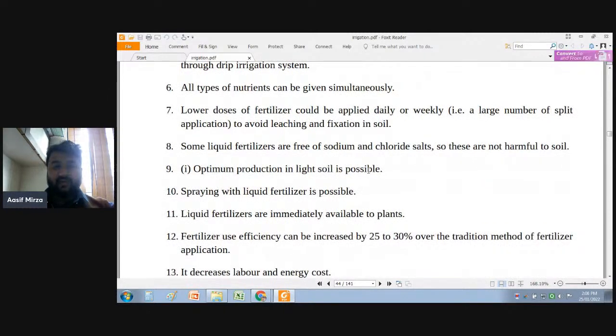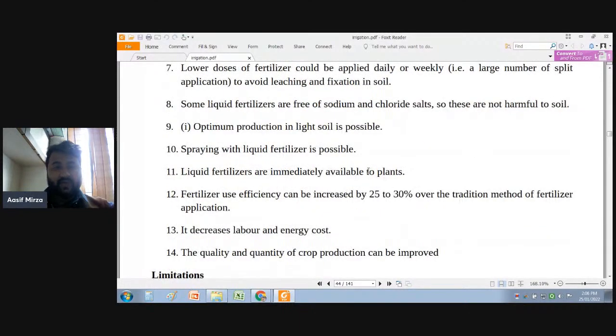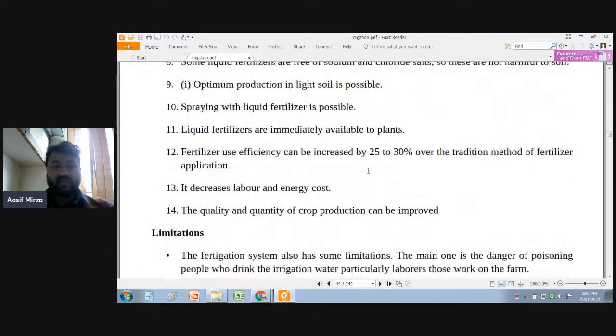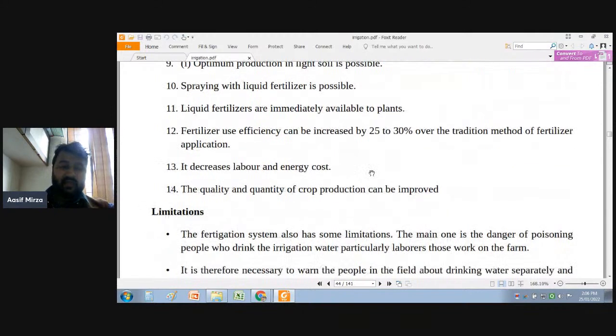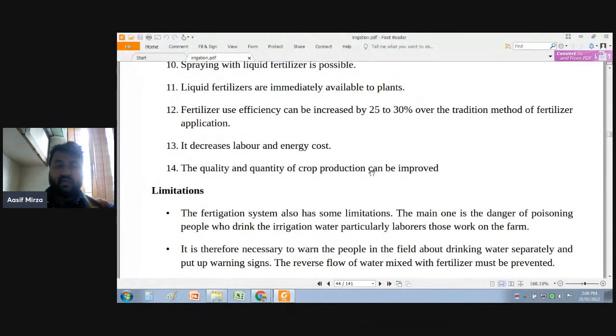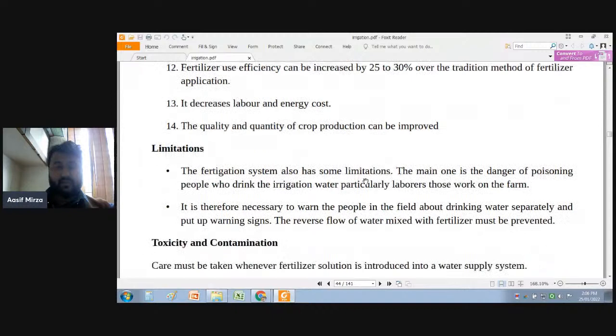Spraying with a liquid fertilizer is possible. Liquid fertilizers are immediately available to plants. Fertilizer use efficiency can be increased by 25 to 30% over the traditional method of fertilizer application. It decreases labor and energy cost. The quality and quantity of crop production can be improved.